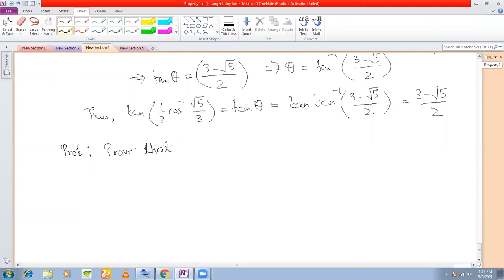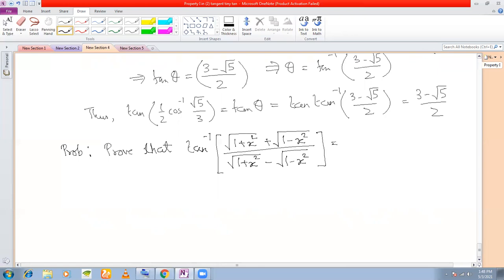The next type of problem: prove that tan inverse of root 1 plus x square plus root 1 minus x square, divided by root 1 plus x square minus root 1 minus x square, is equal to pi by 4 plus half cos inverse x square.